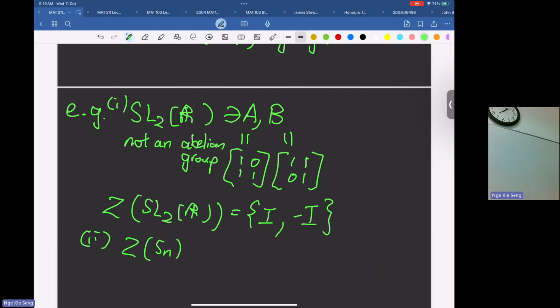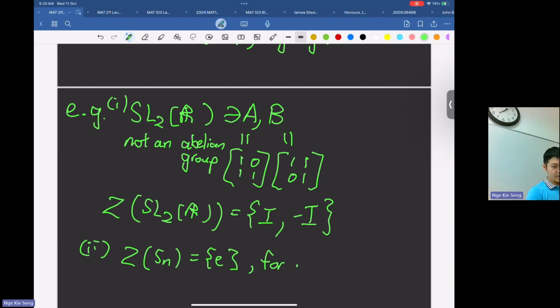You cannot selectively commute. So Z of Sn is actually just the identity.